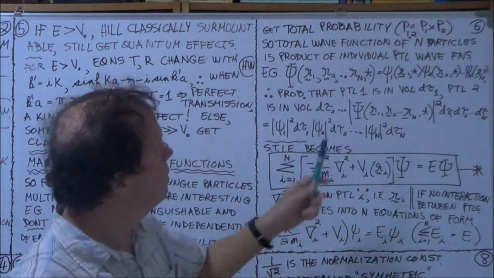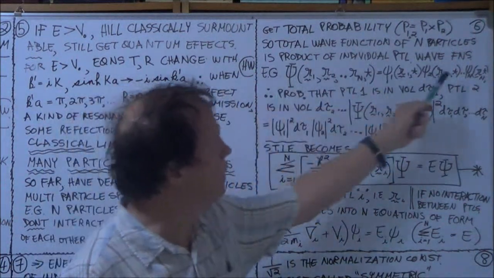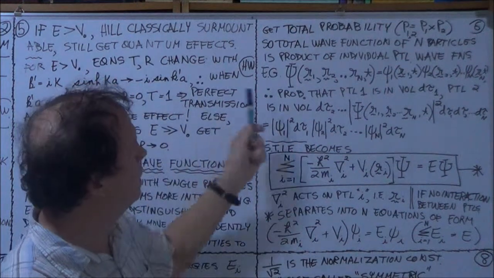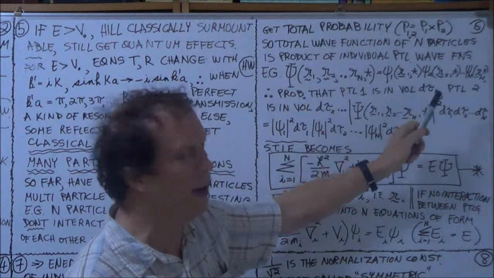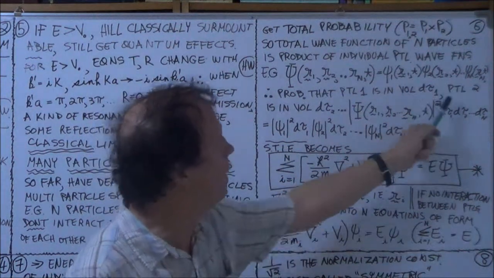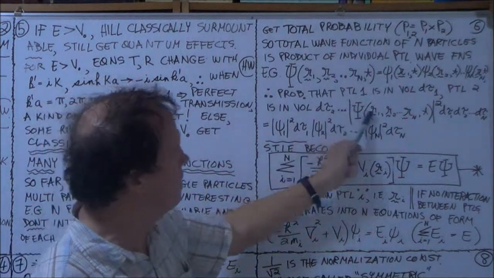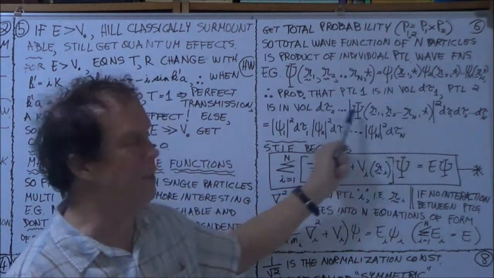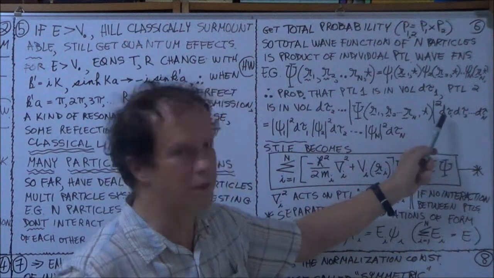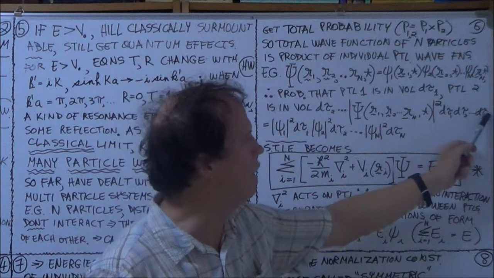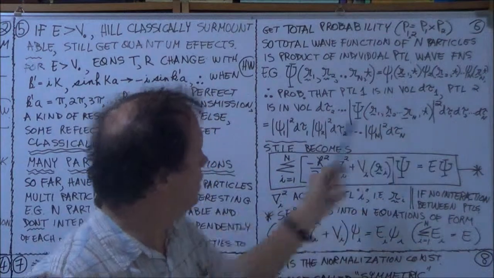If we assume this is the case, then the probability that particle 1 is in volume d tau 1 and particle 2 is in volume d tau 2, etc., will be this. Here's your probability density, and here are your volumes, like dv1, dv2, dvn. And presumably that is just this.